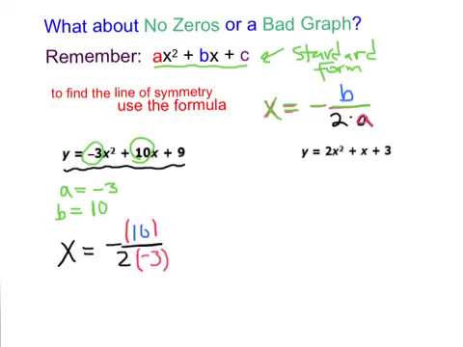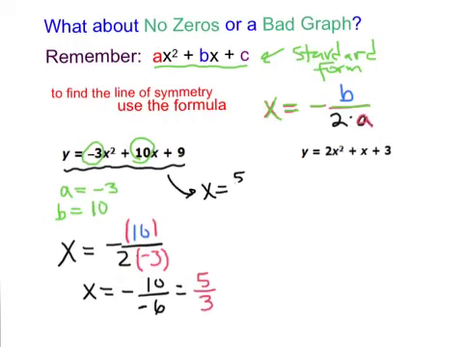And so what we come up with is x equals negative 10 over negative 6, which happens to be negative times a negative, which is a positive, 10 over 6. And with 10 over 6, we end up getting 5 over 3. So our line for this equation ends up being x equals 5 over 3.